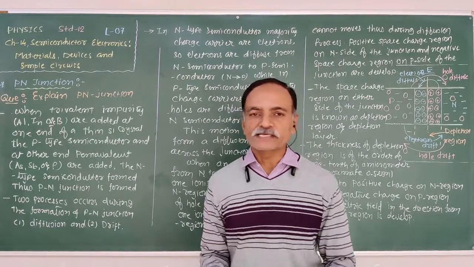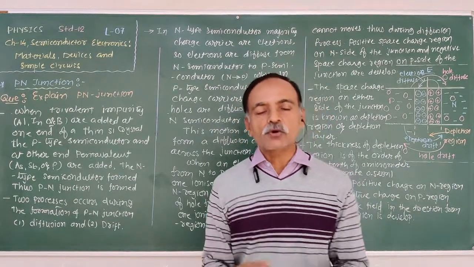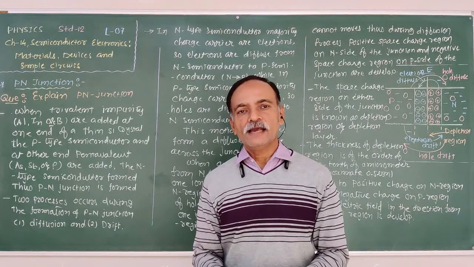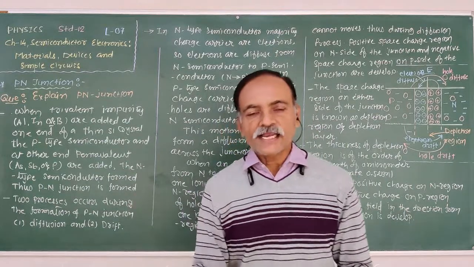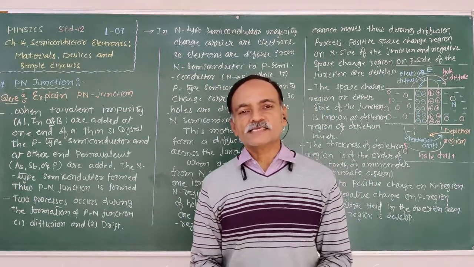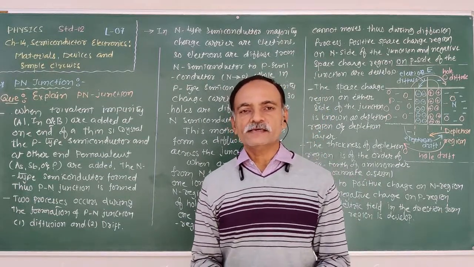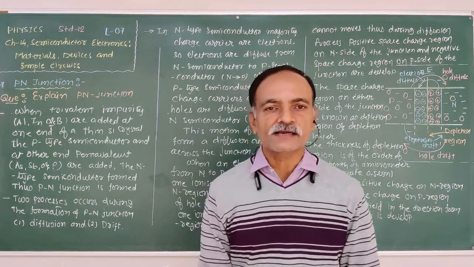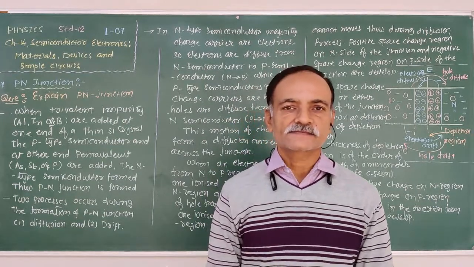As the temperature increases, these covalent bonds are broken and electron-hole pairs are formed, and as a result, the conduction of pure semiconductor, that means the intrinsic semiconductor, takes place.